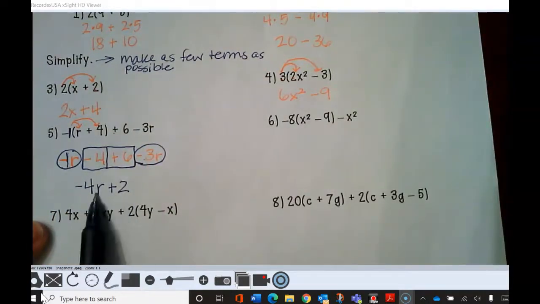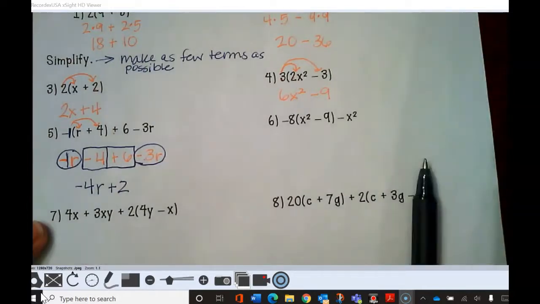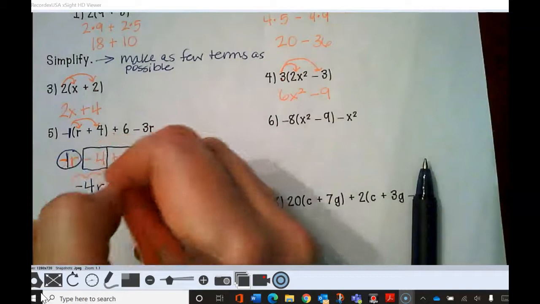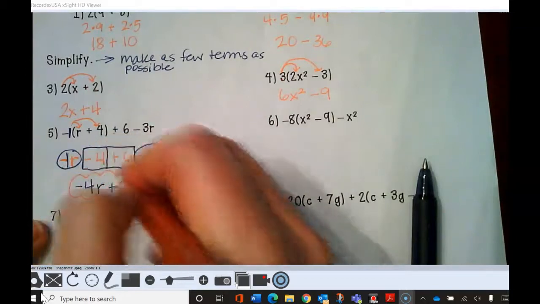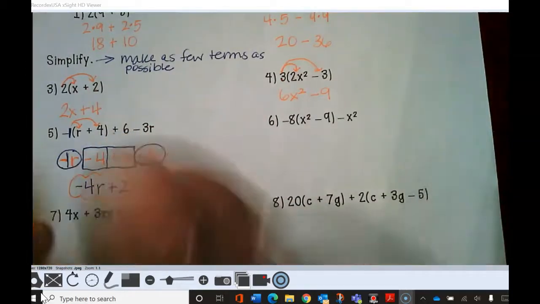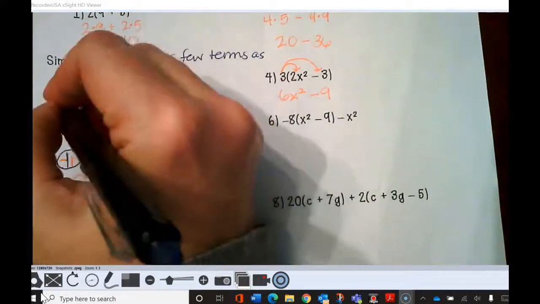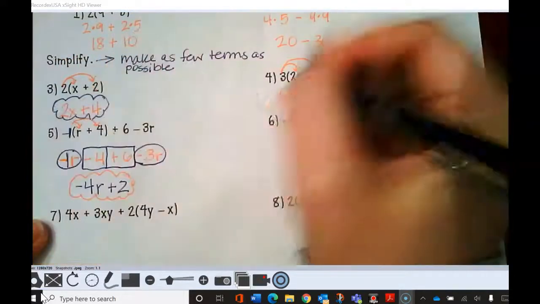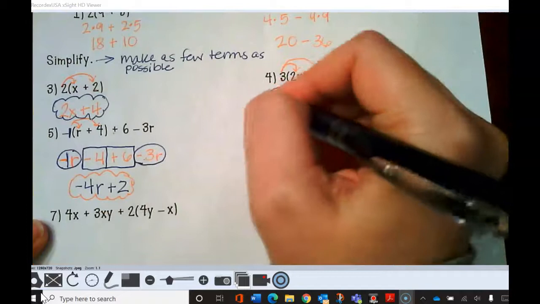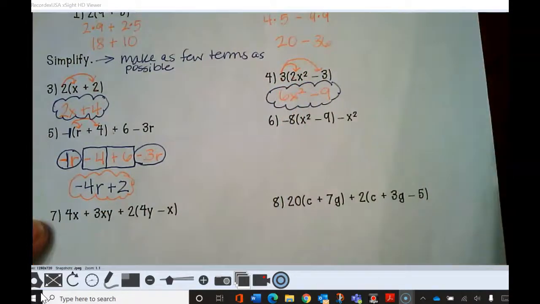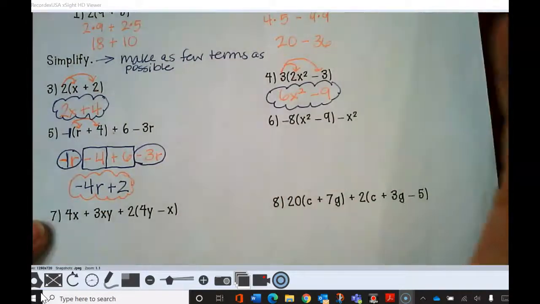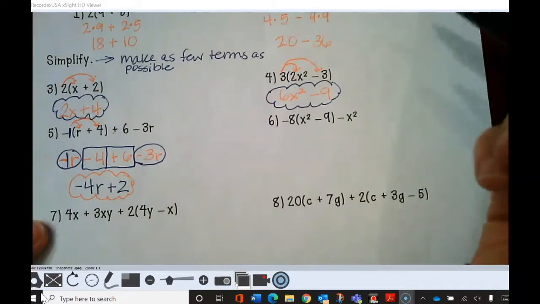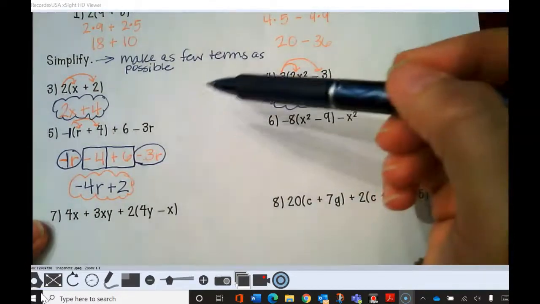Do you have any like terms? Nope. So that means you are finished. And this is your final answer. Okay? Alright, I didn't box these answers. It's always a good idea to box or highlight your answers, because there's lots of things going on with these problems. There's a lot of work. So you need to show your final answer.